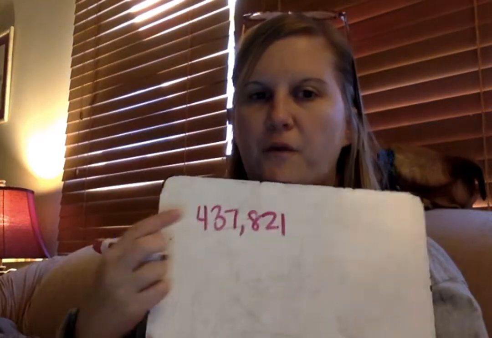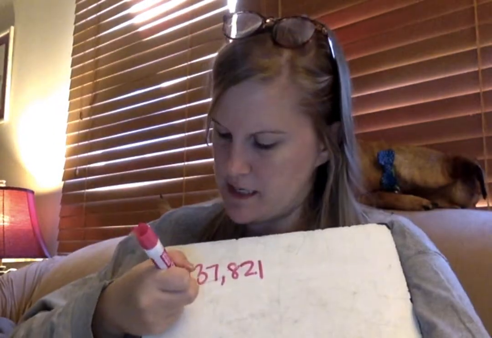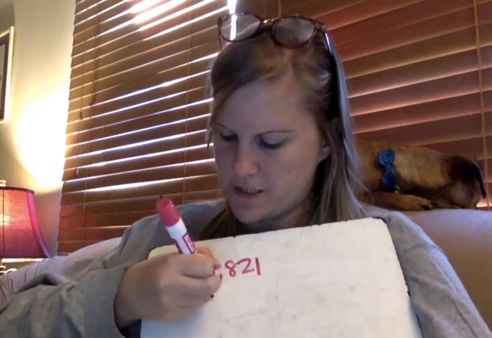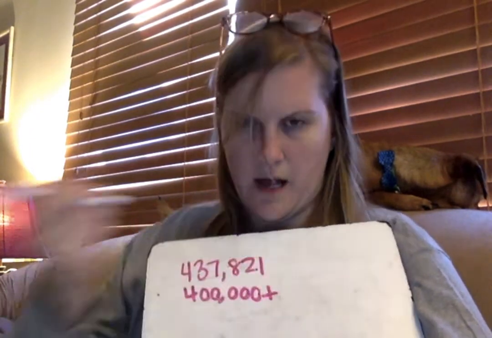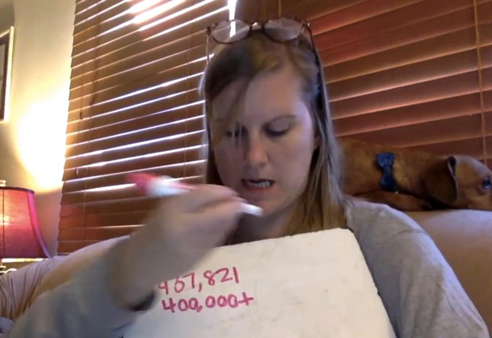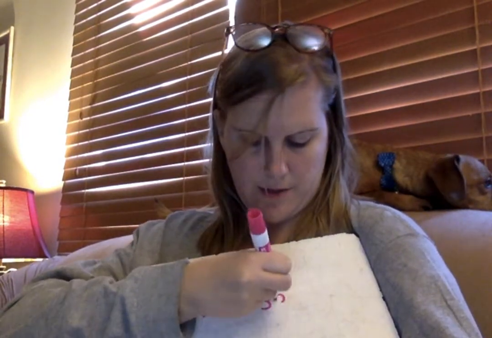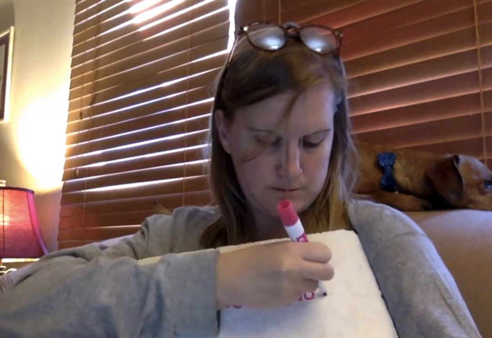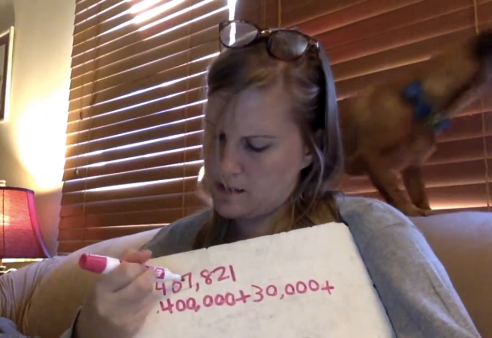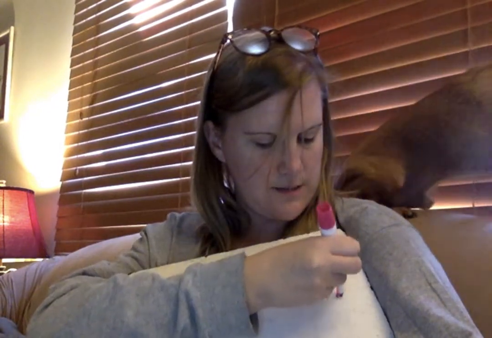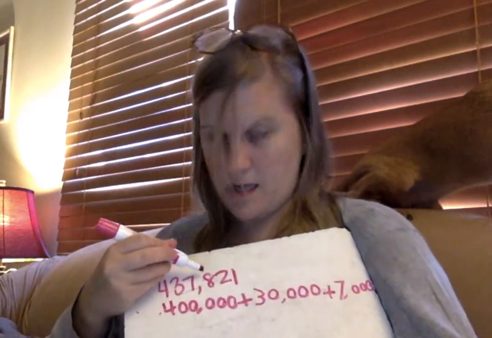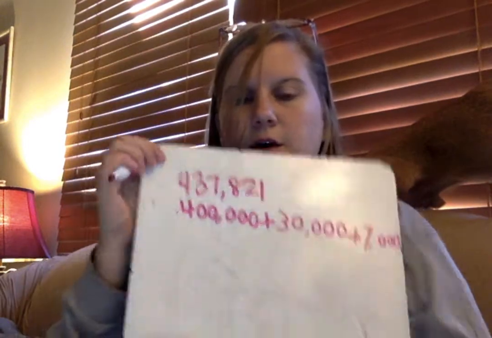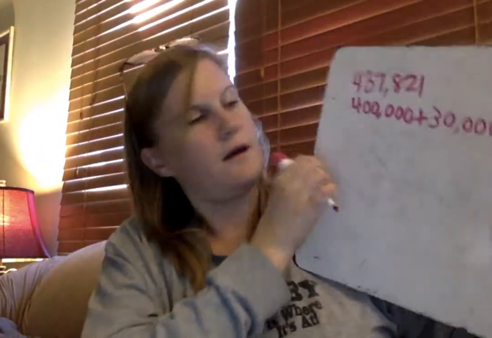So I know the 4 is in the 100,000s place, so that would be 400,000 plus the 3 is in the 10,000s, so that'd be plus 30,000. The 7 is in the thousands, so 7,000. Out of space. The 8 is in the hundreds, so the next one would be 800.